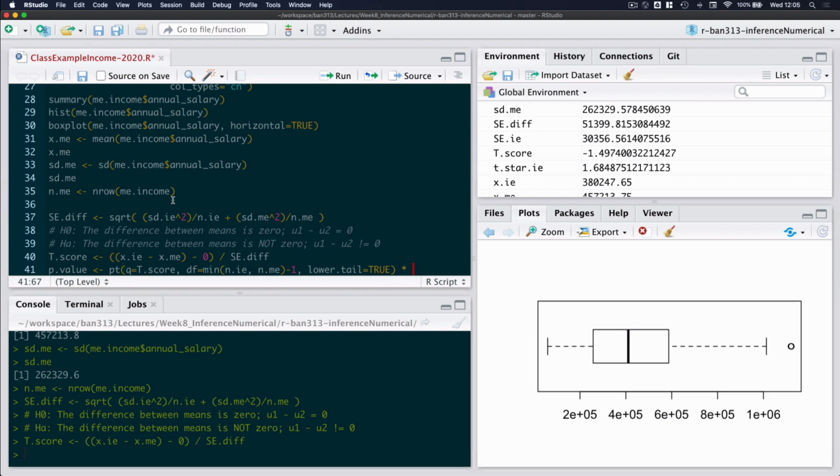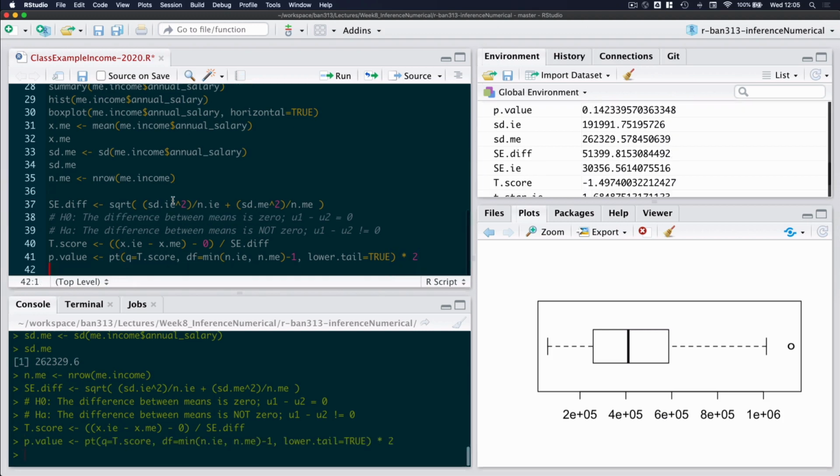So I'm just going to multiply this probability by 2. And I calculate a probability of 14%. So there is a 14% chance that I would have observed the difference in the two means that I've observed in my samples, given that the differences are actually 0. So there is a fairly sized chance.